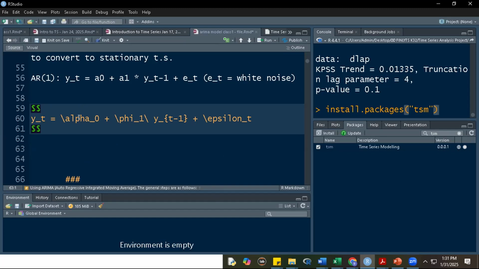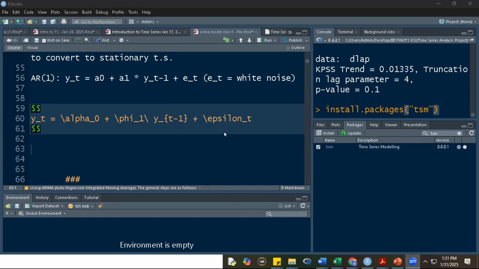All right, so we have this alpha 0. This is a constant plus phi 1. Okay, as we said, this is like regression. This is the coefficient of your first order, first lag, first order AR process, and then your residual epsilon sub t. Okay, we said last time that this is like a regression model, and this one is your actual value, observed value.